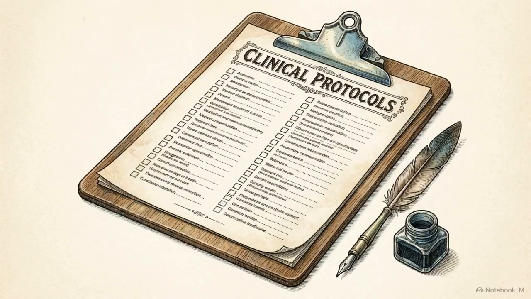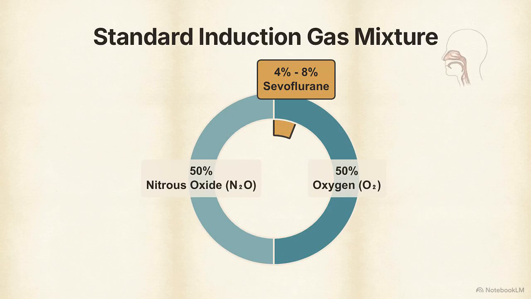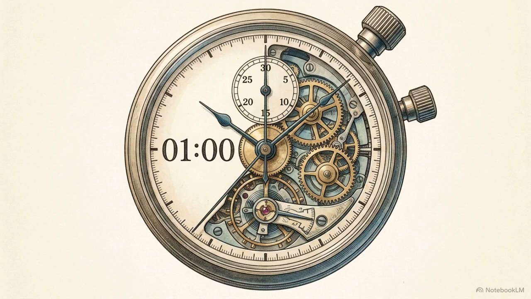We can now translate these biochemical and physiological principles into strict clinical protocols. For pediatric and uncooperative adult inductions, the standard dosage is 4 to 8% sevoflurane, delivered in a 50% mixture of nitrous oxide and oxygen. Due to the low blood gas partition coefficient, this specific mixture reliably achieves a smooth loss of consciousness within 1 minute.